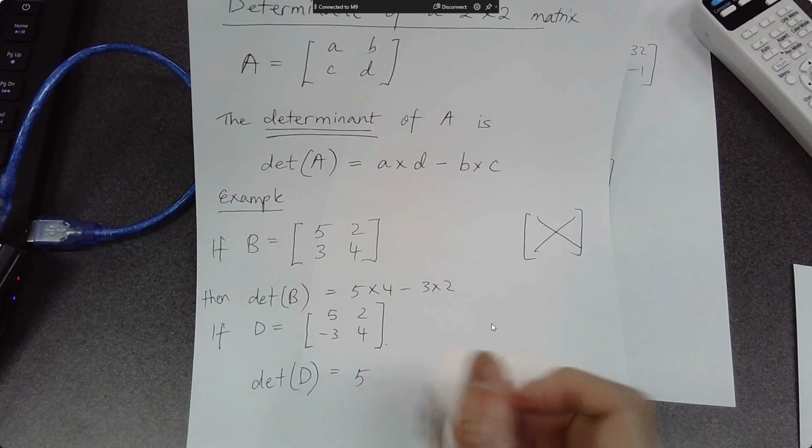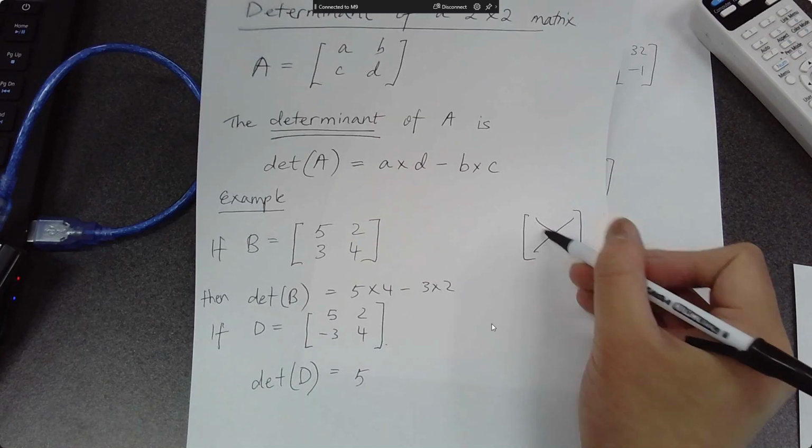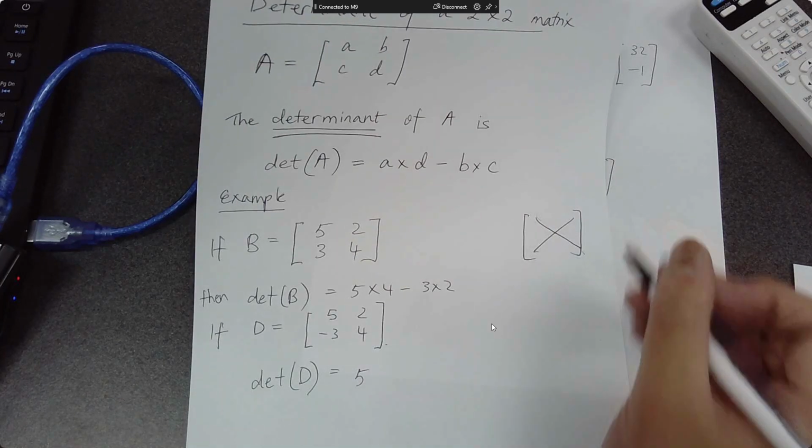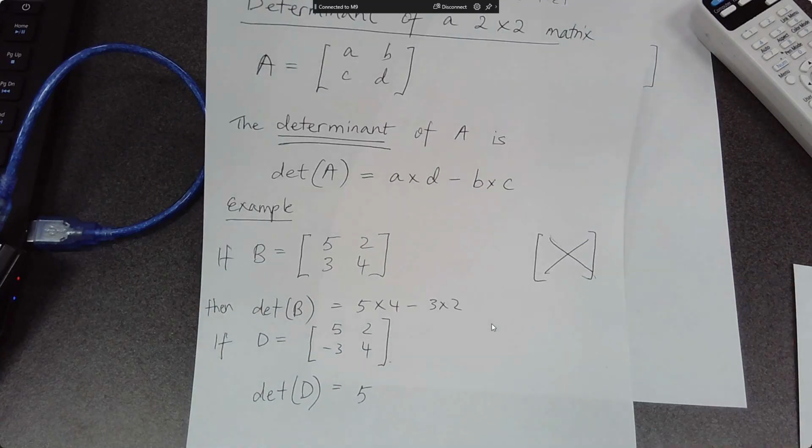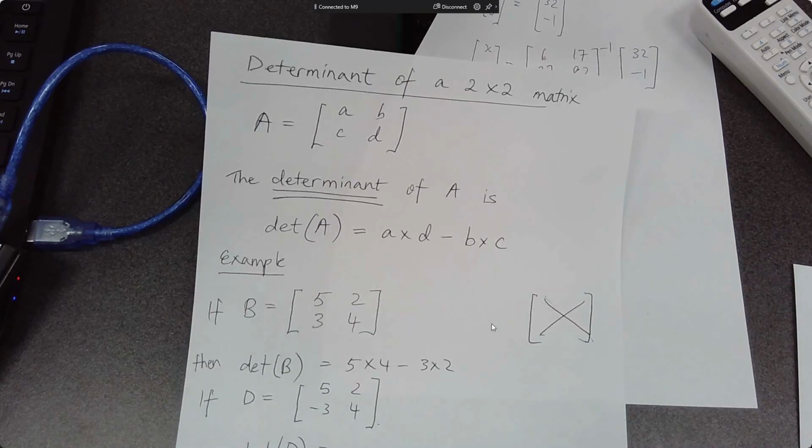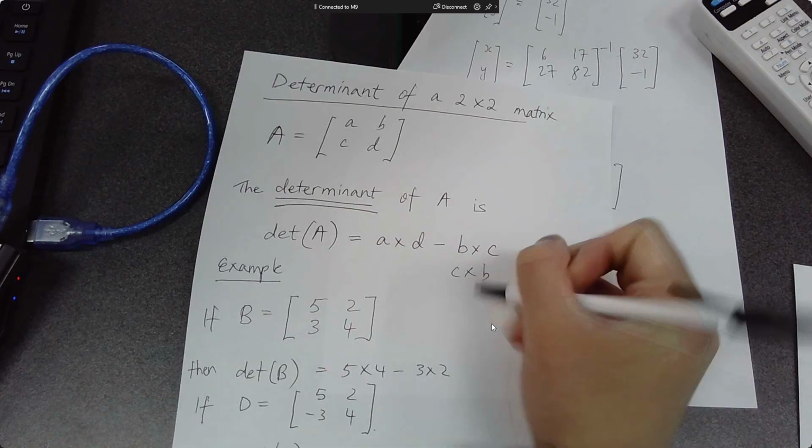You want the diagonal for the first product. It doesn't matter because these two are the same.